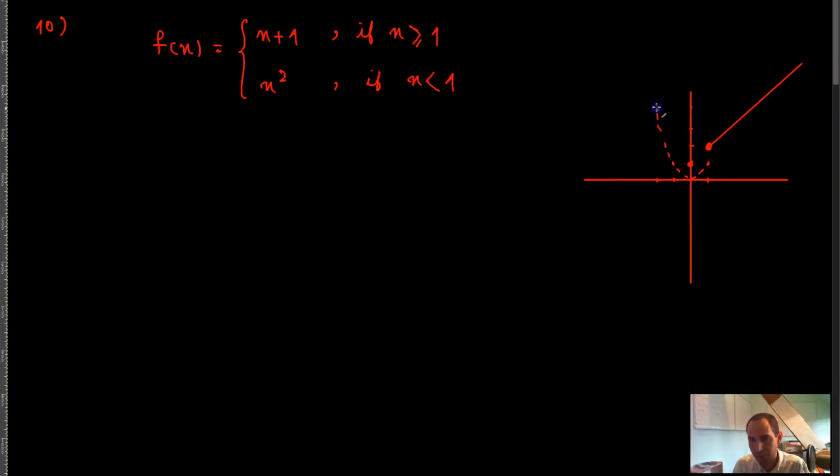So I think the function is not continuous at x equal to 1, as I can see, because the function comes all the way up to here, but then over here we have a problem.